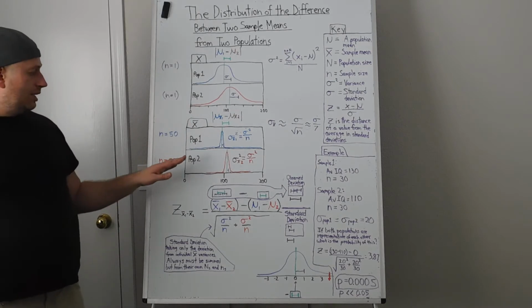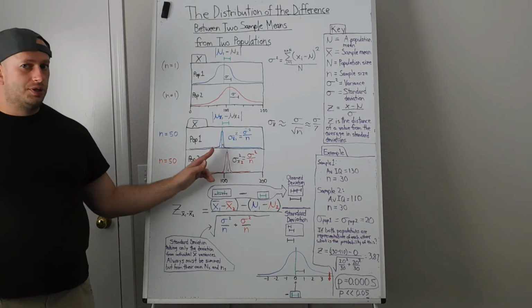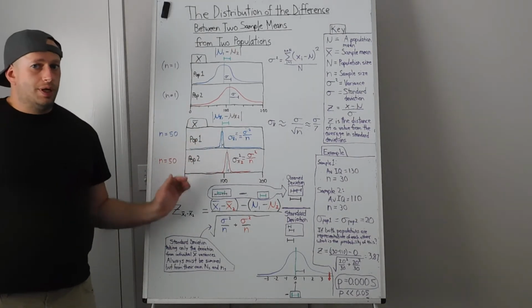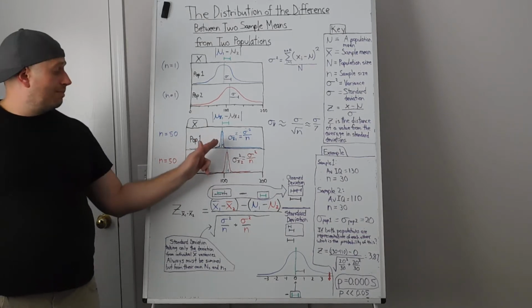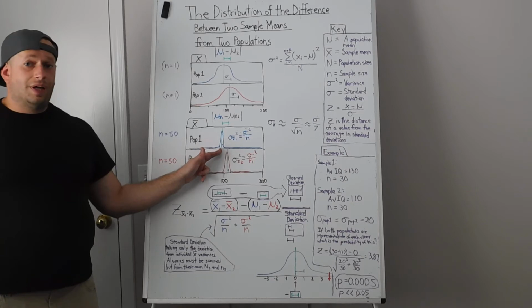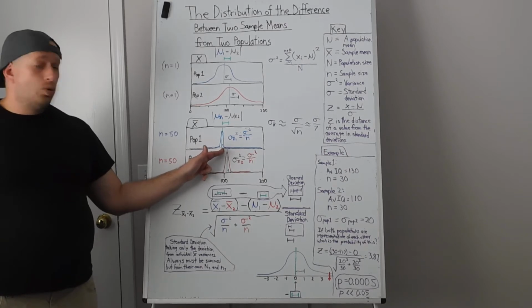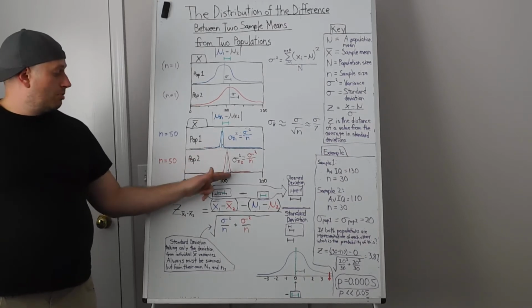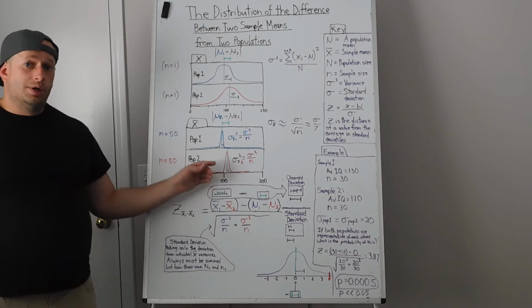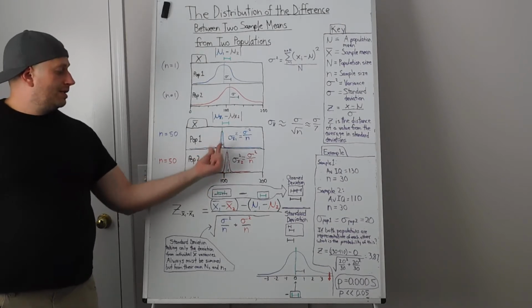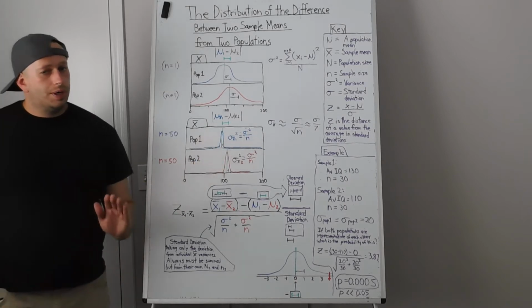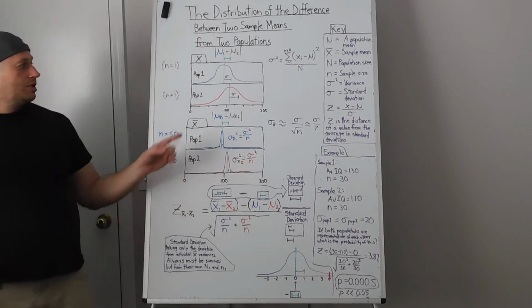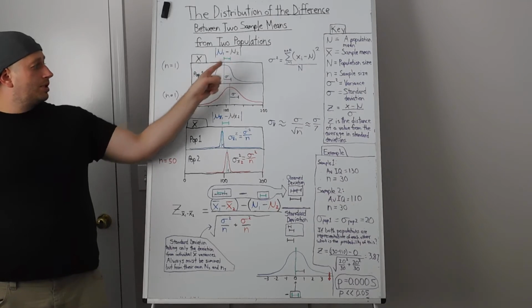If we want to see the distribution of the difference, we're going to take the variance of each of these, because some values are going to be a little bit higher, a little bit lower for this one, and the same for this one, and we want to find the distribution of how far away these are from each other.